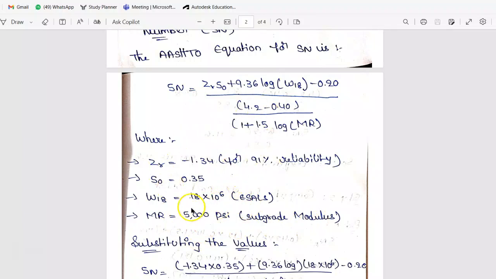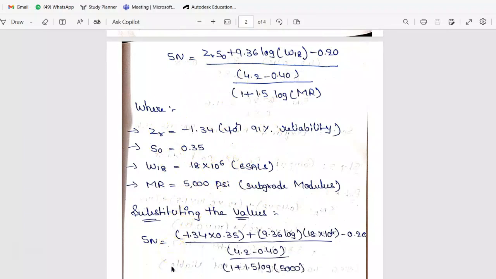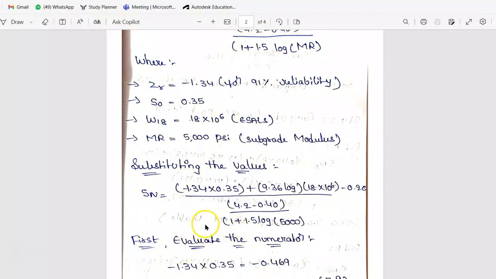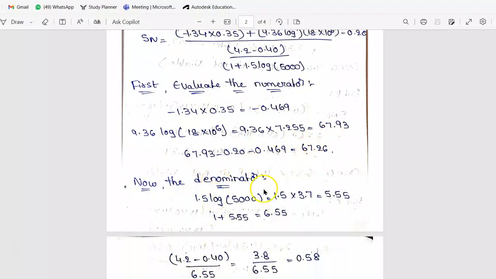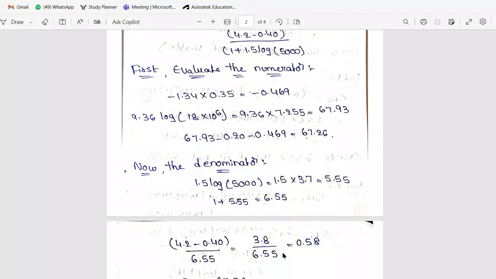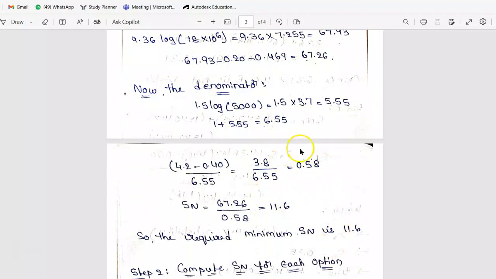Substituting all these values, we evaluate the numerator and get 67.26. The denominator gives 6.55. Dividing the numerator by the denominator, we get 11.6 as the final answer.